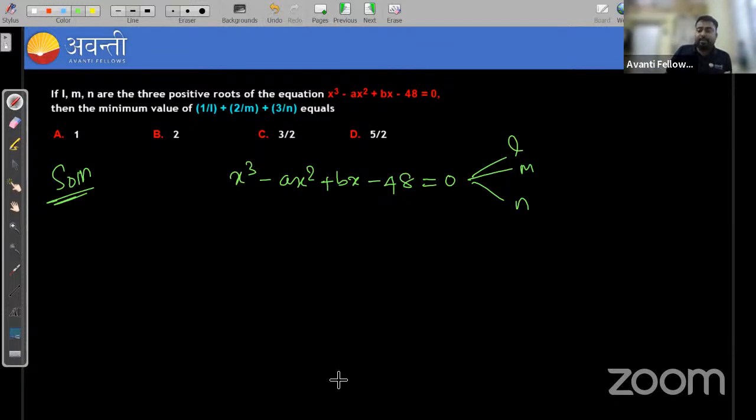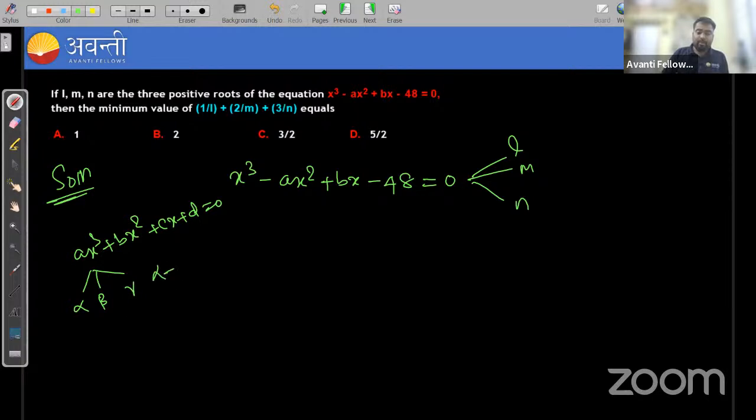So in the theory of equations, all of you know now what is the sum of roots. If you have a cubic equation a x cube plus b x square plus c x plus d is equal to 0, and the roots are alpha, beta, gamma, then the sum of roots, alpha plus beta plus gamma, is minus b upon a, and the sum of product of roots, alpha beta plus beta gamma plus alpha gamma, is equal to c upon a, right?